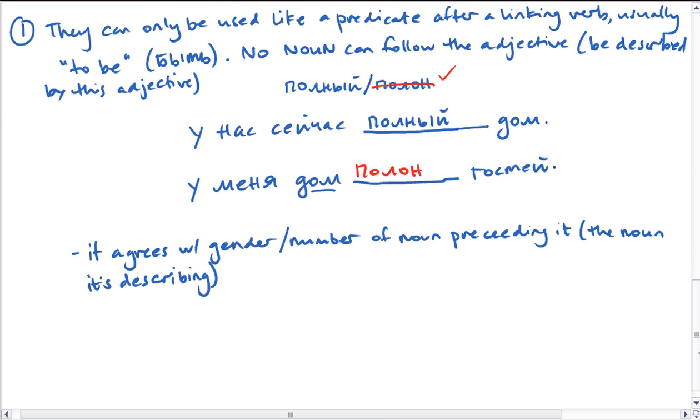And if you're not sure which form to use, remember that the short form adjective can only be in the nominative case. So you're not going to use a short form adjective in any other case.